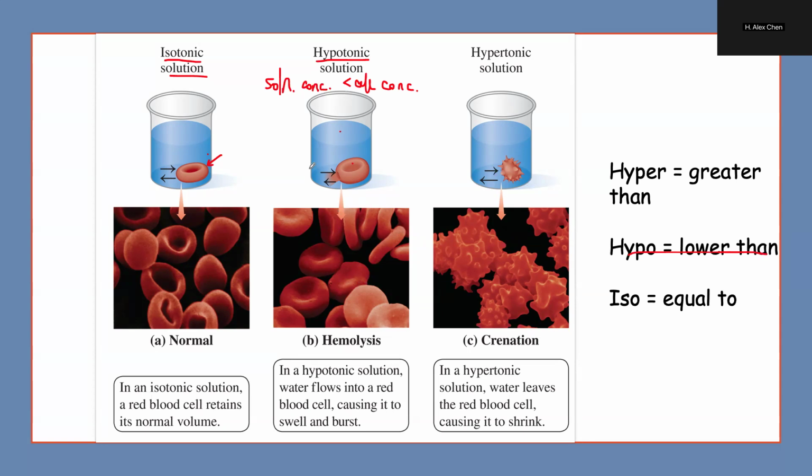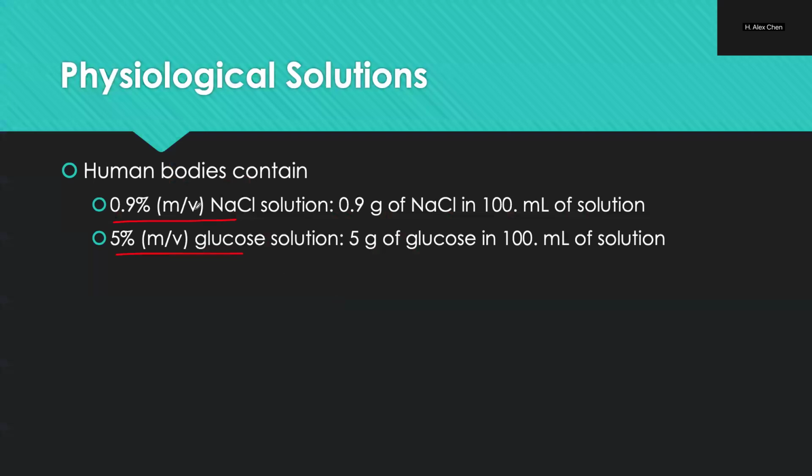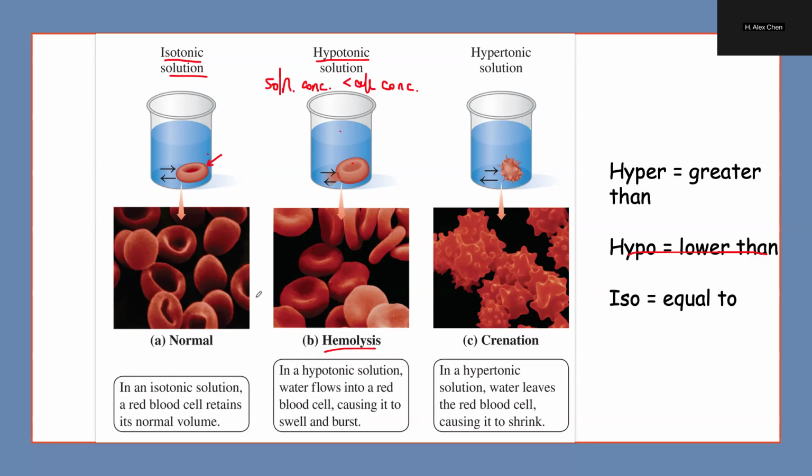What will happen is that water molecules will flow from the solution into the cell, and the cell will undergo hemolysis, where water flows into the red blood cell, causing it to swell and burst. So imagine that if you inject a solution of, say, 0.1% sodium chloride, that's very low compared to the physiological solution, into a patient's body, their red blood cells are going to burst because of the low surrounding concentration.